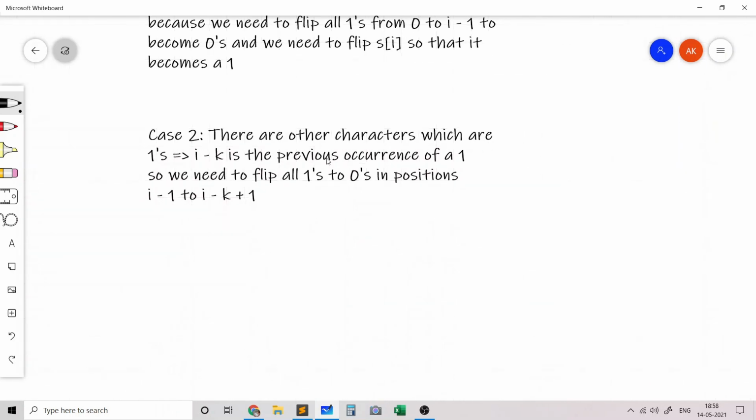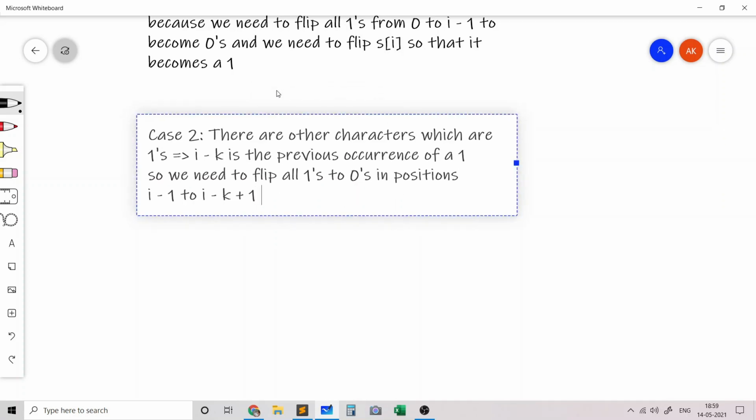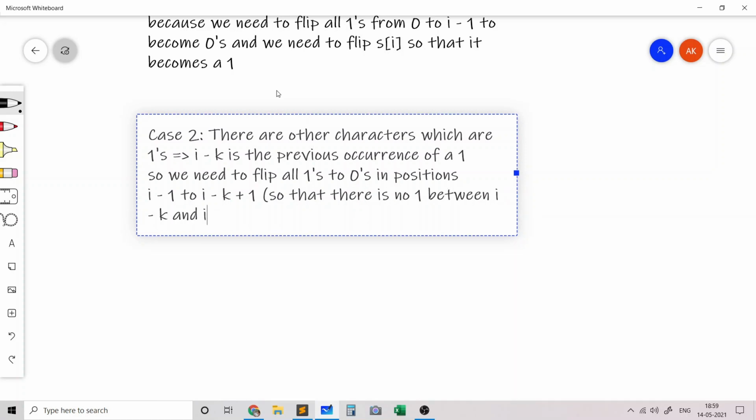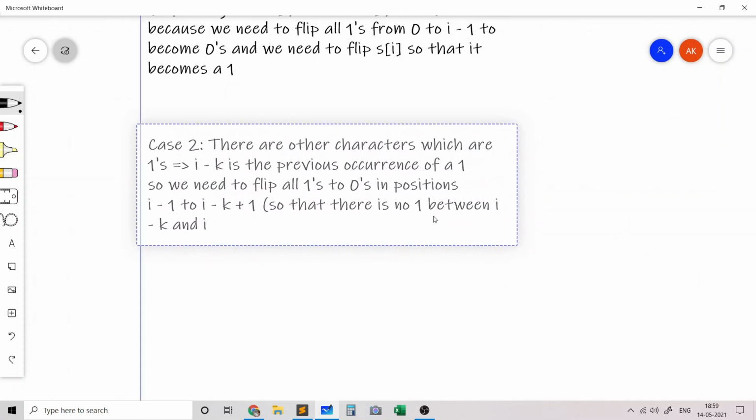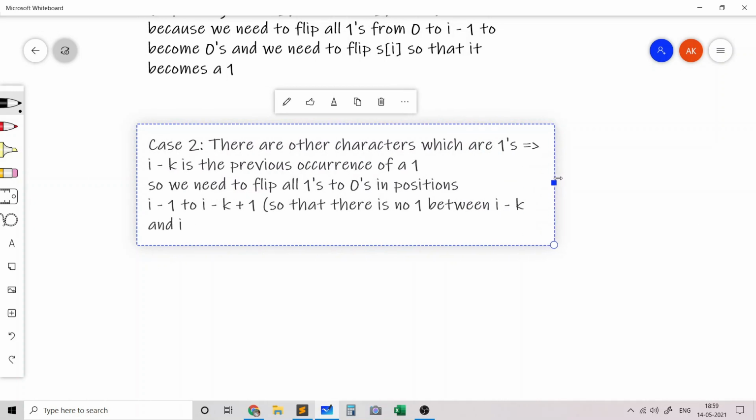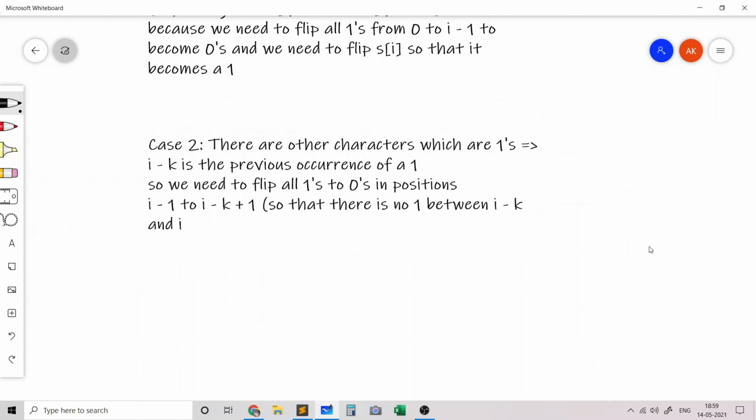And the reason why we need to flip all ones to zeros in positions I minus 1 to I minus k plus 1 is because I minus k should be the previous occurrence of a 1, so that there's no 1 between I minus k and I, and that's why we just need to find the number of ones from the position I minus 1 to I minus k plus 1.